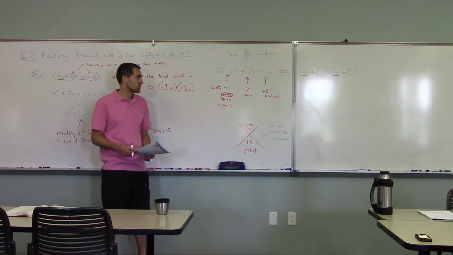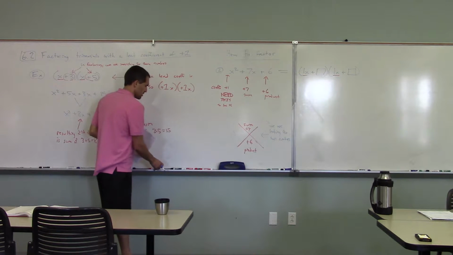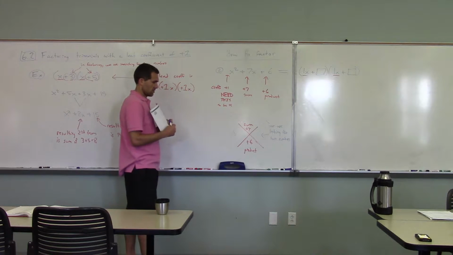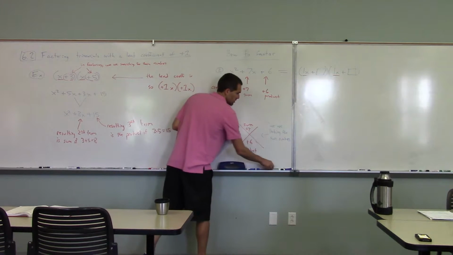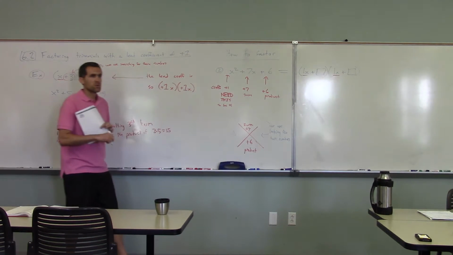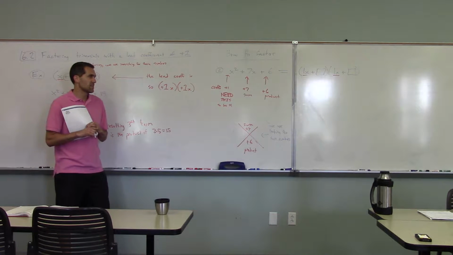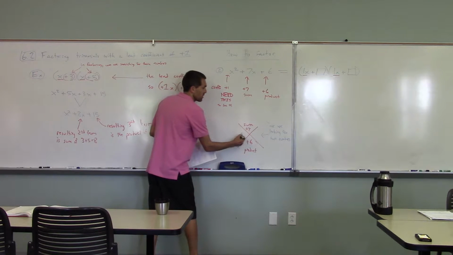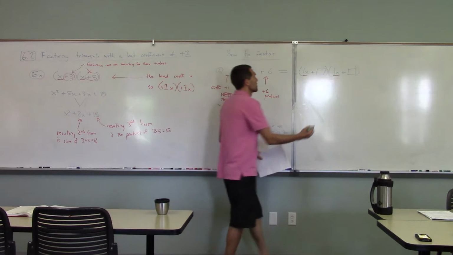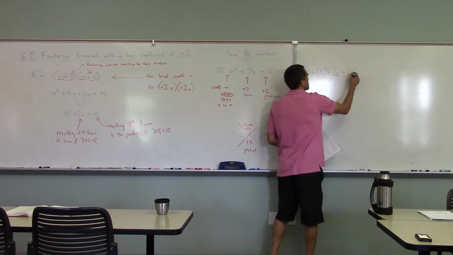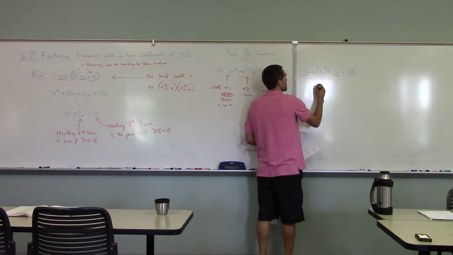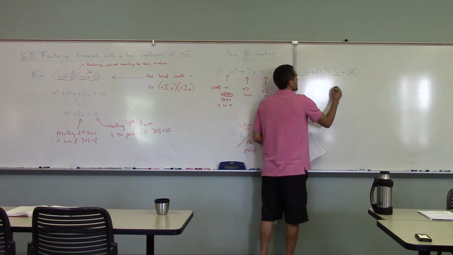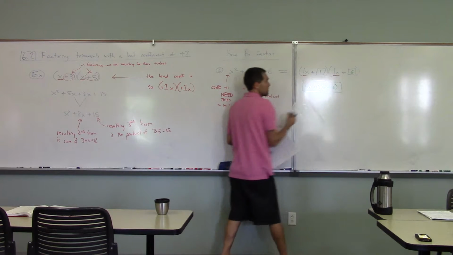So what two numbers are they? What two numbers multiply to make 6 and add to get 7? 6 and 1. So our answer is x plus 1 times x plus 6, and we're done.